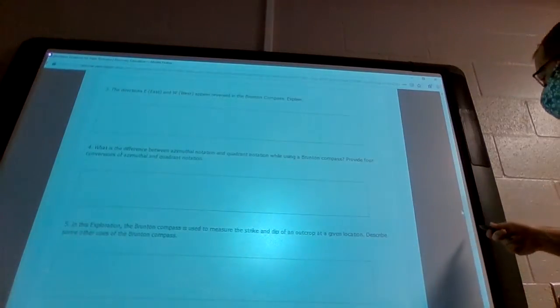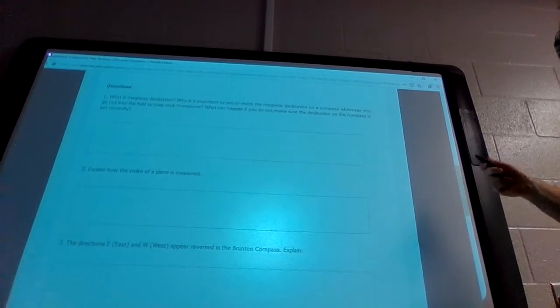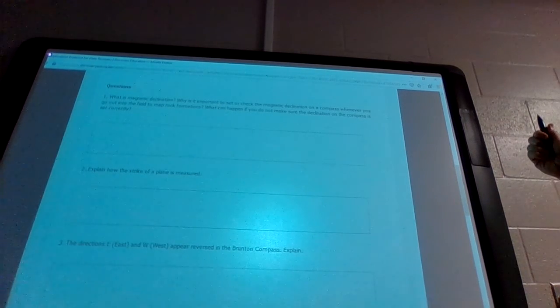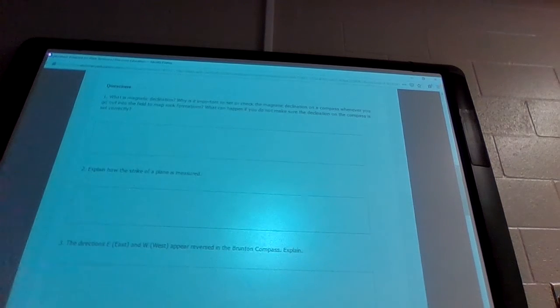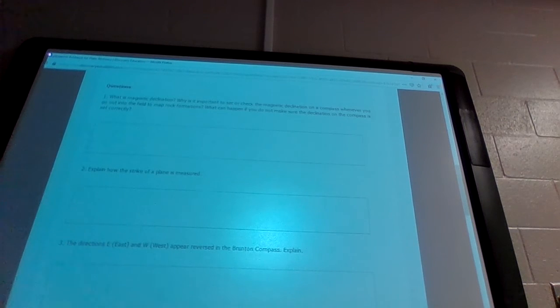What did you need, Brandon? Number 2. Explain how strike of a plane is measured. All right, so for that one, it's weird. To measure the strike of a plane, I take my compass and orient it where the level says that it's flat.